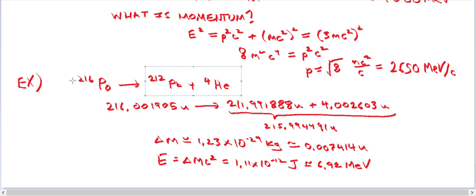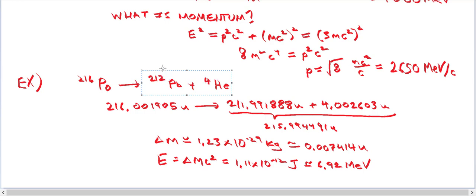If we knew that in our frame the polonium-216 was at rest before it decayed, then we could also conserve momentum, right? We could think of this as a purely elastic collision in some ways, where we now know what the total kinetic energy of these two particles is, and we know that the total momentum has to add up to 0.